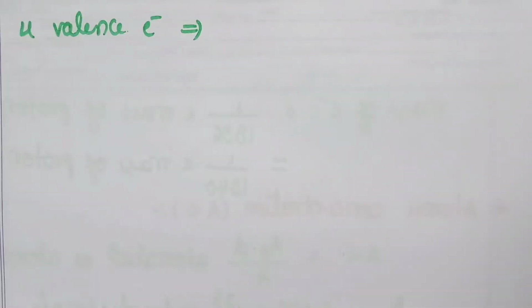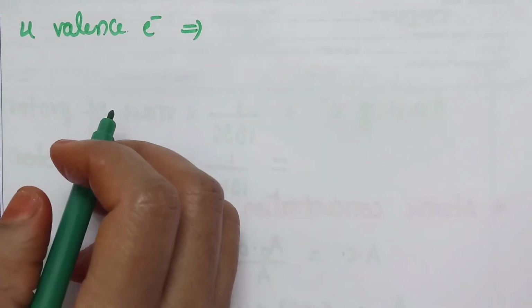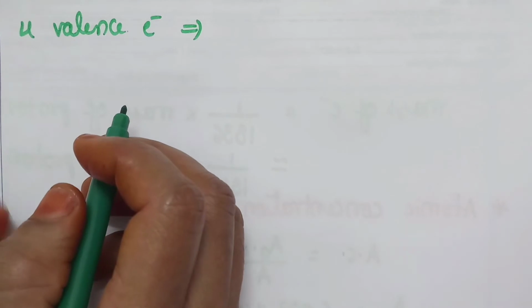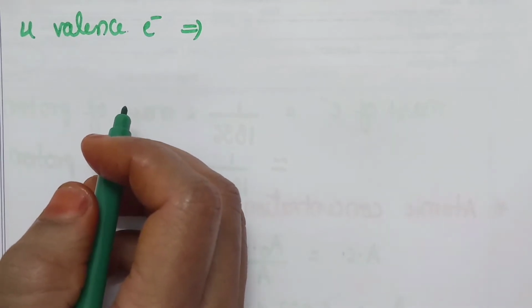Why are we using silicon and germanium mostly in semiconductors? Because silicon and germanium have 4 valence electrons in their outermost shell. That gives them the ability to gain or lose electrons equally at the same time.